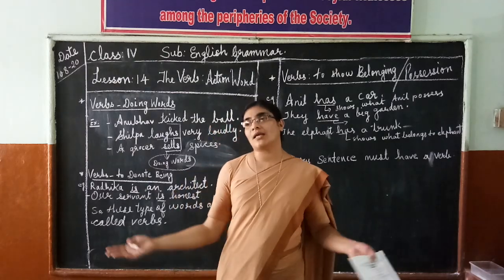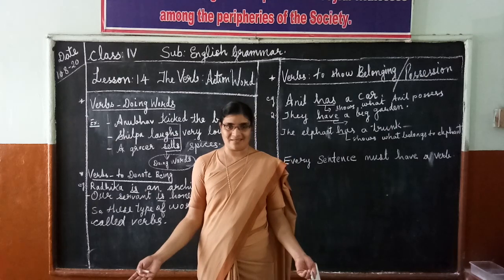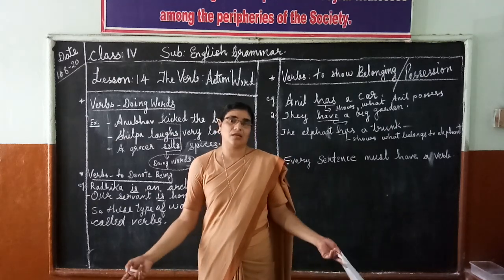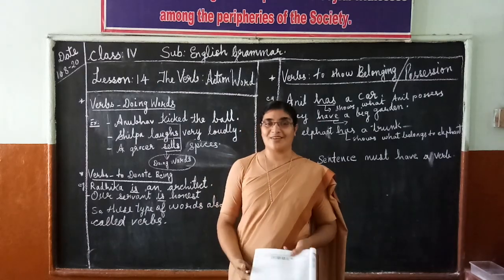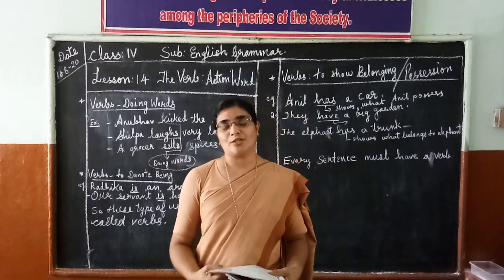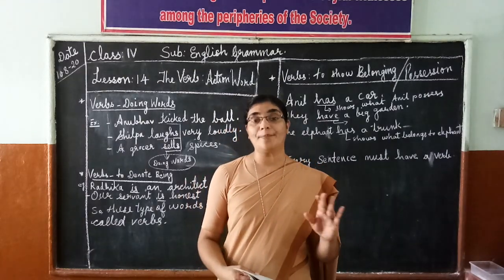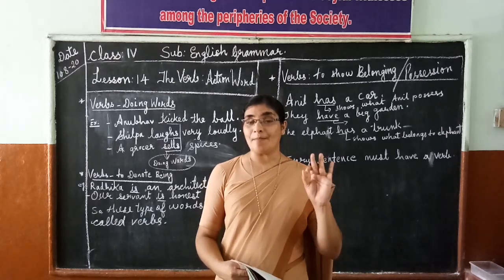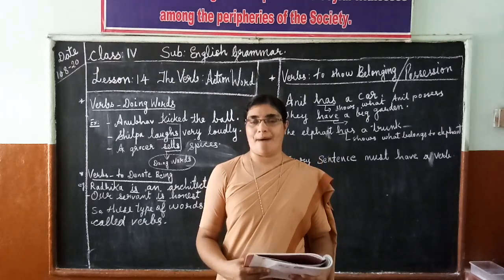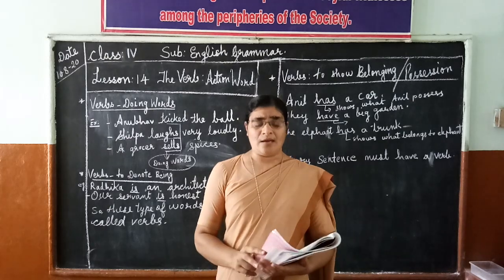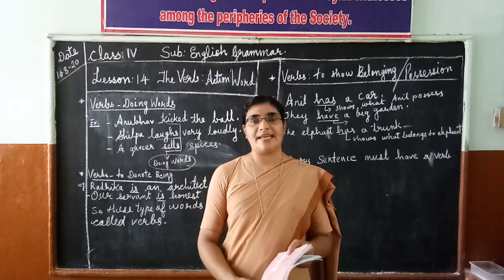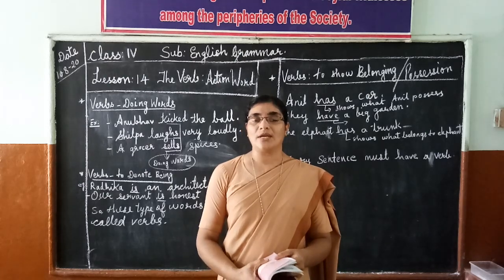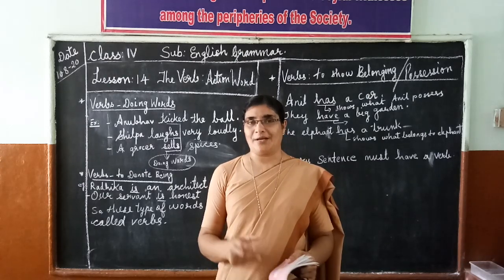Or "children in the park": what does it mean? It does not mean anything. But if we say "children play in the park," it gives the action. So here the verb plays an important part. Remember that every sentence needs to have a verb, so that it gives us a complete sentence.